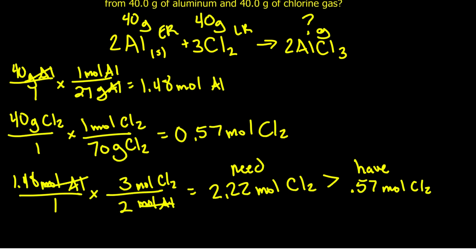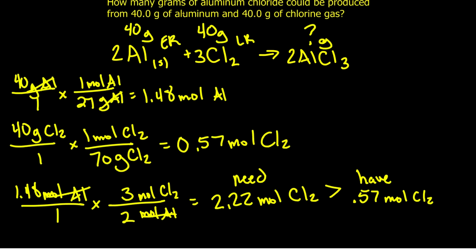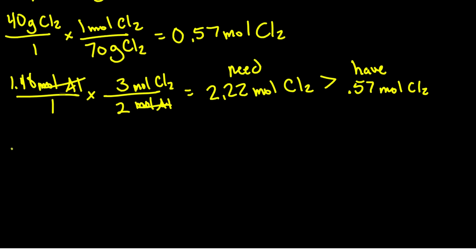Now we can do our regular stoichiometry. We're going to use chlorine. We're going to forget about aluminum unless it asks anything about it, in which case it doesn't. So we're looking for how many grams of aluminum chloride from 0.57 moles of chlorine. So we got 0.57 moles chlorine gas over 1, moles of chlorine gas on bottom.